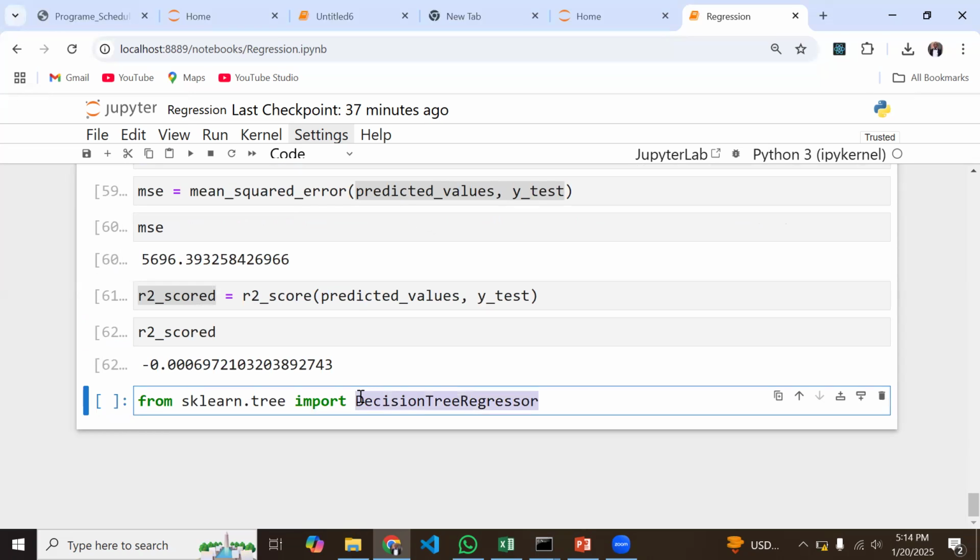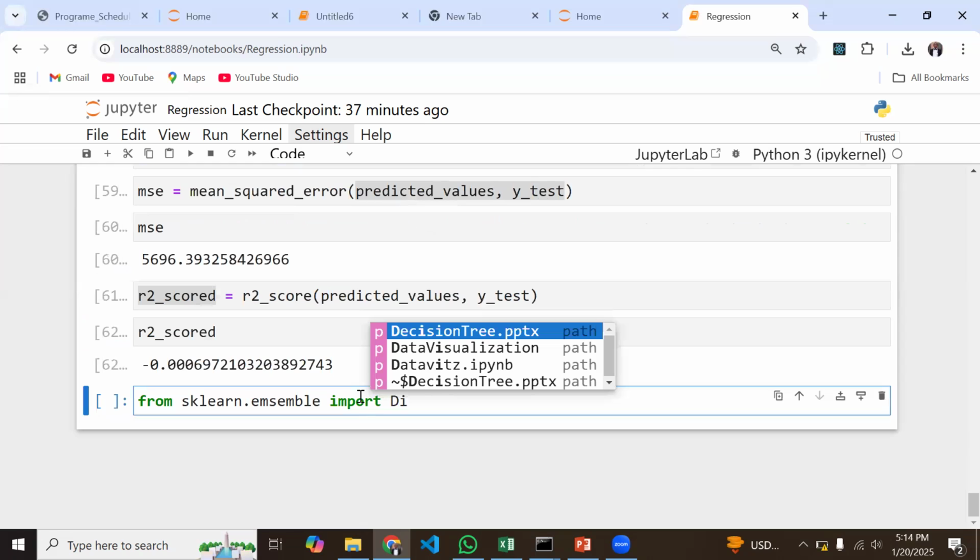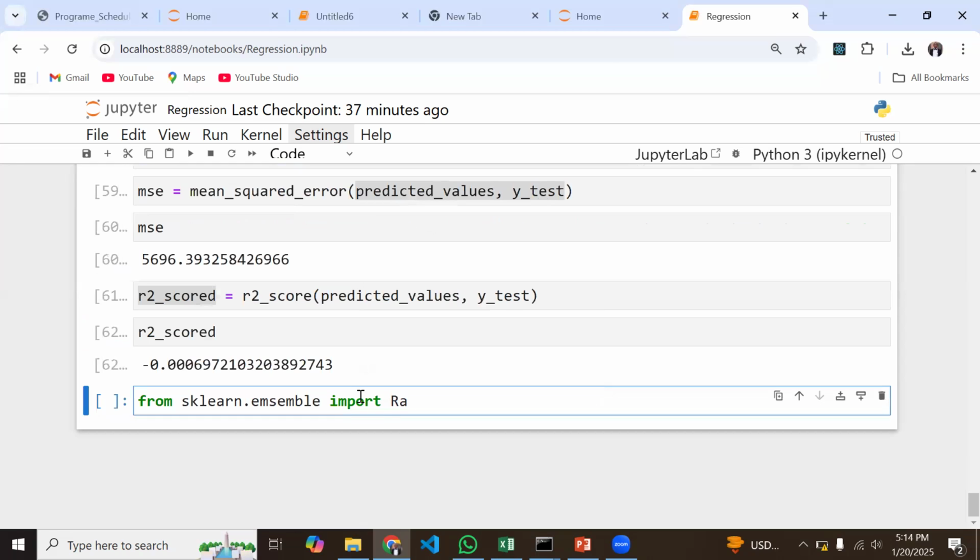So over here, it is from sklearn.ensemble, we want to import the random forest. No, I think the spelling over here is wrong. Ensemble, okay.